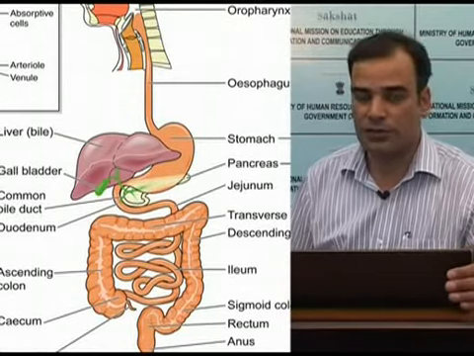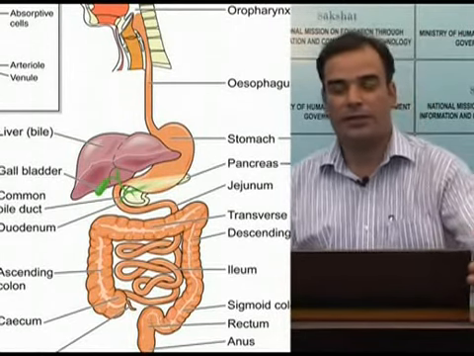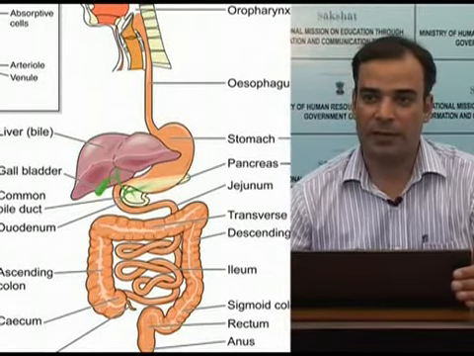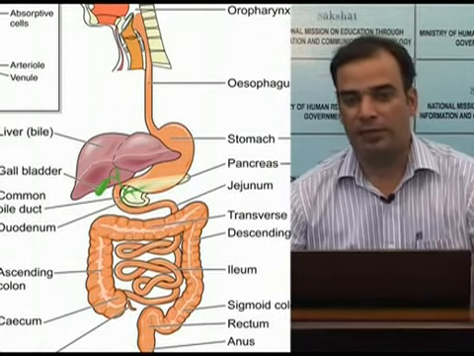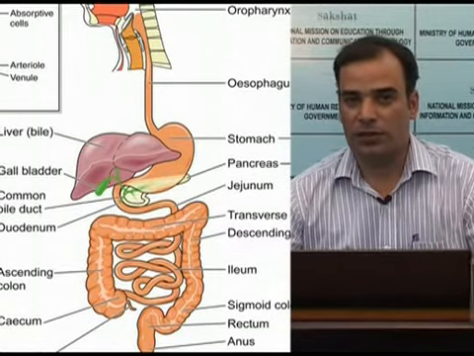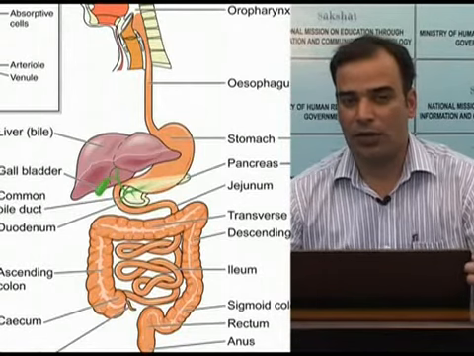with this muscular tube. This tube is modified at places to accommodate the functions which that particular part is assigned. For example, at places where the function is just transport, this muscular tube is simply narrow and long.